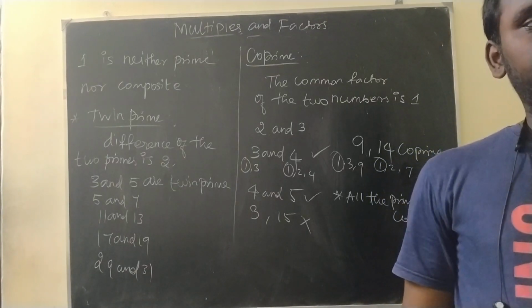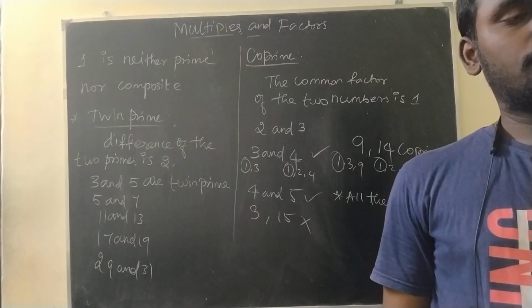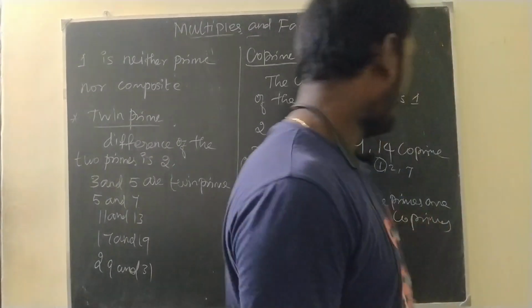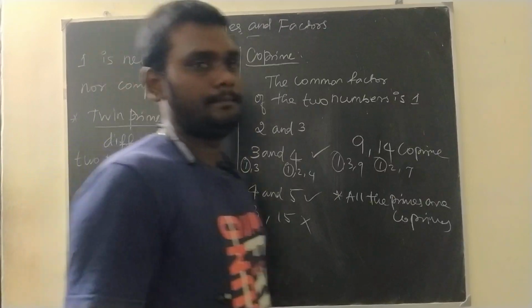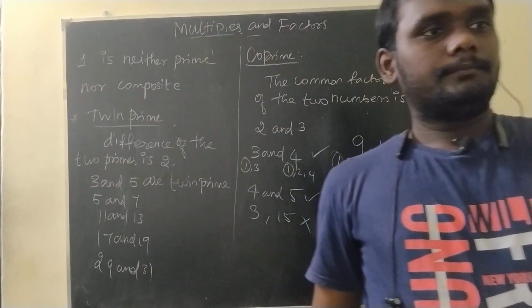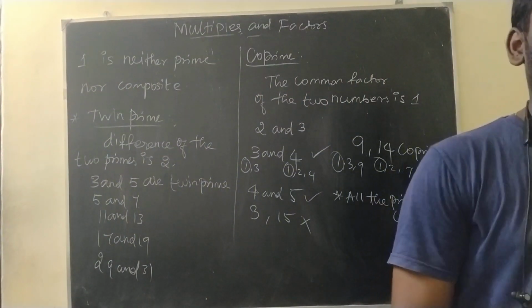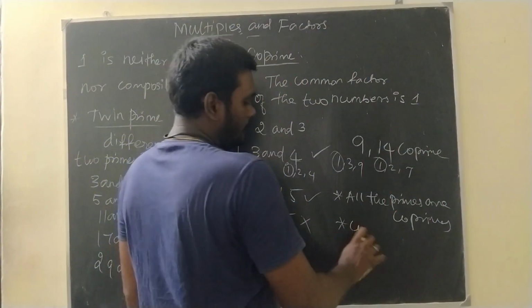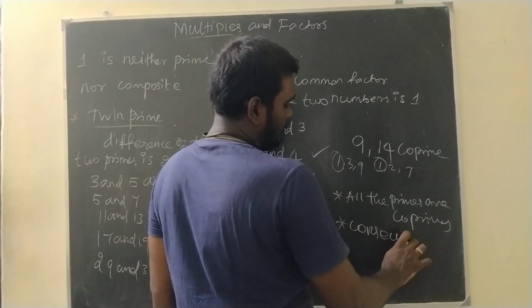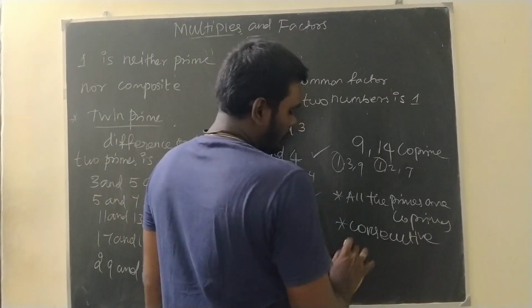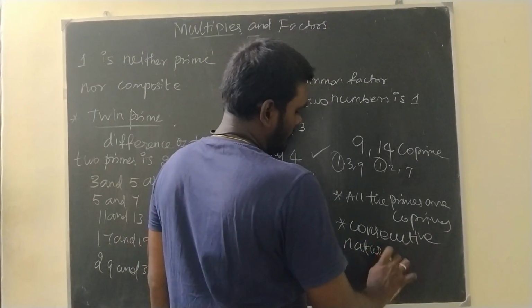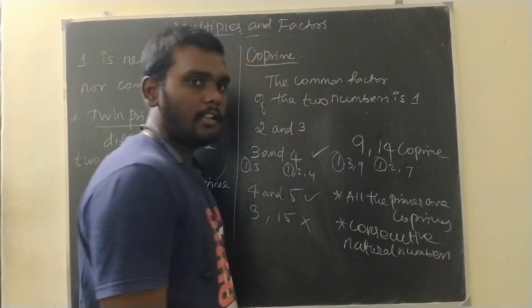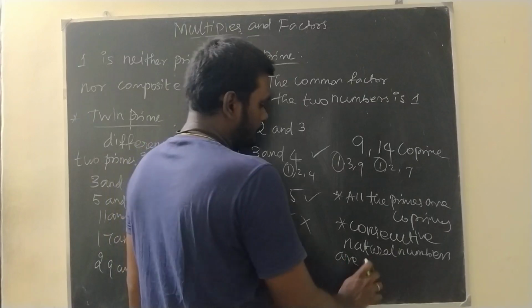That is also co-prime. 6 and 7 co-prime. So we are going to conclude that consecutive natural numbers are co-prime.